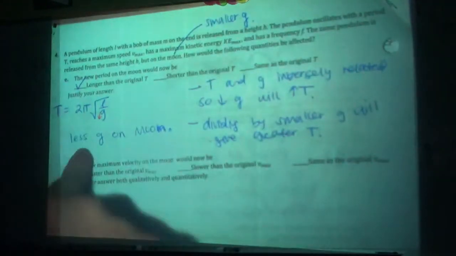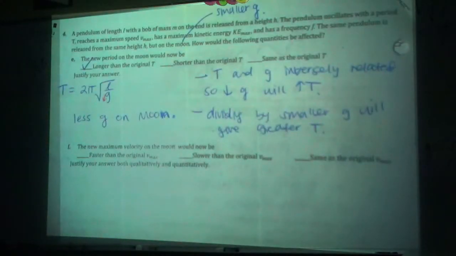You're saying g is smaller here, so I must have a longer T based on this equation. So a longer period than the original.